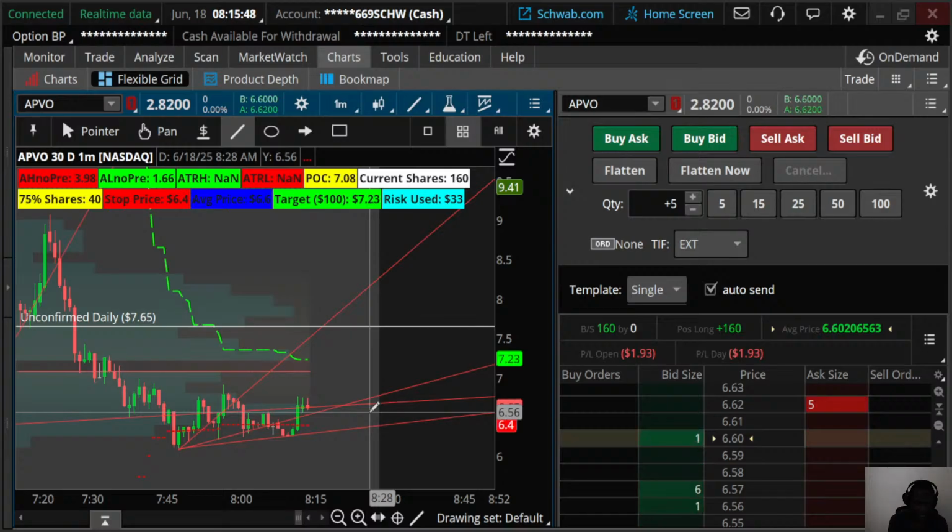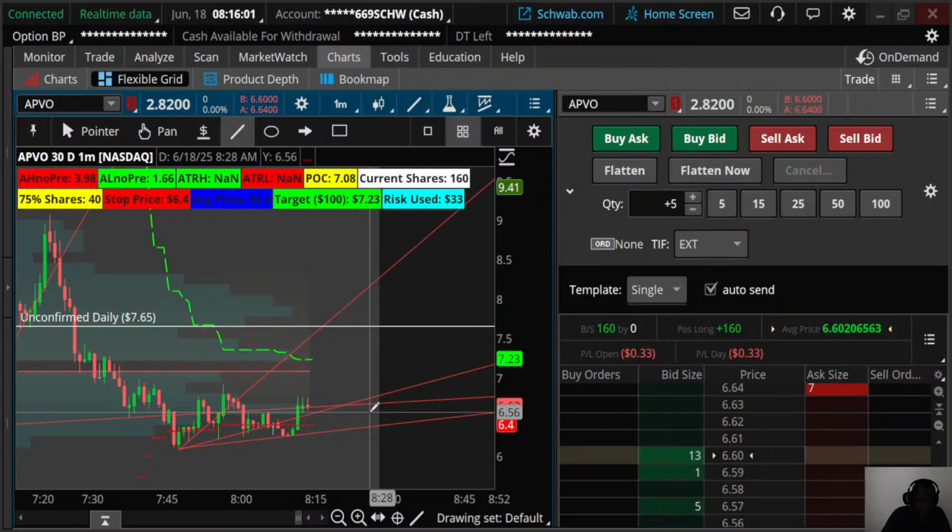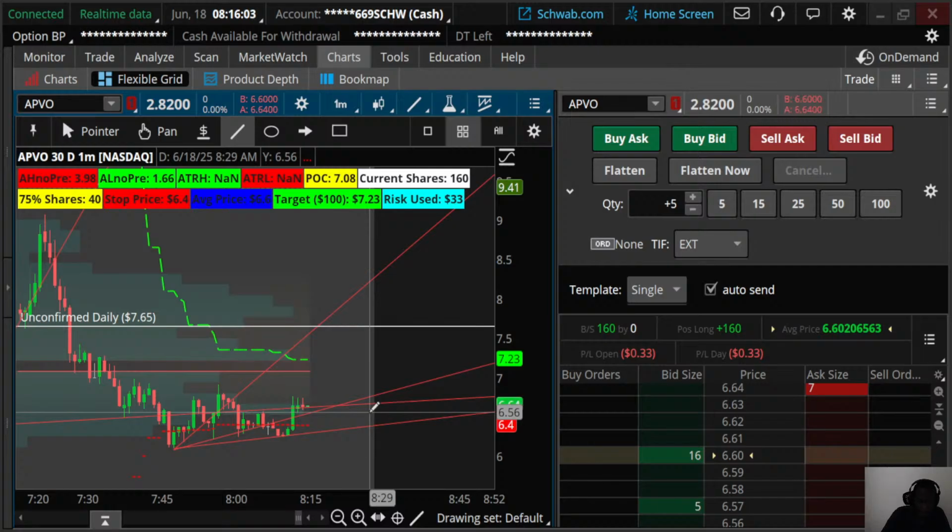Just hold these levels around 650s, please. Got everything I want except the break.